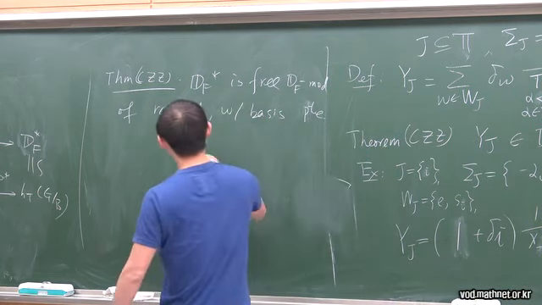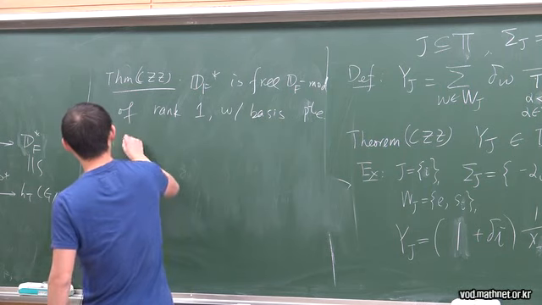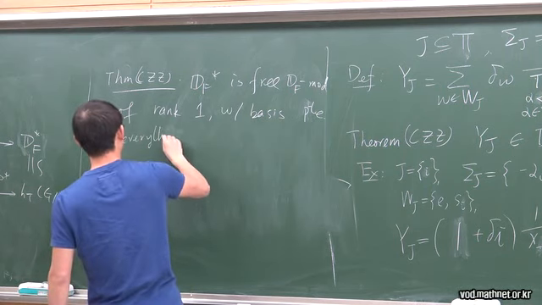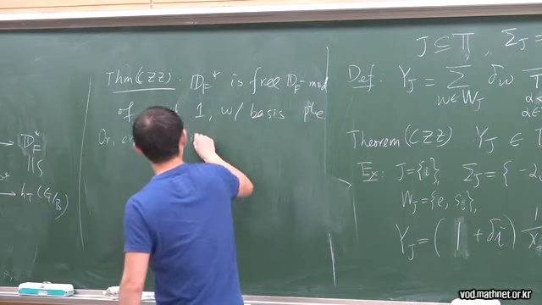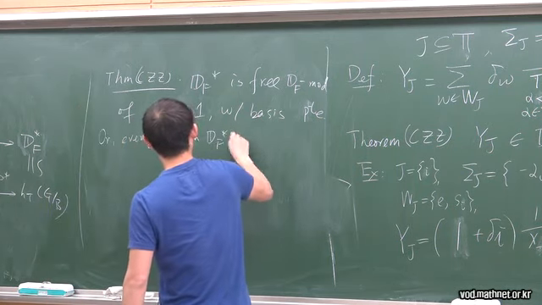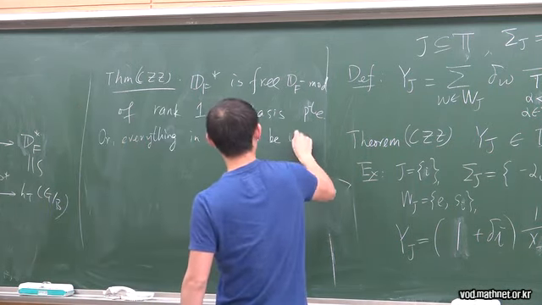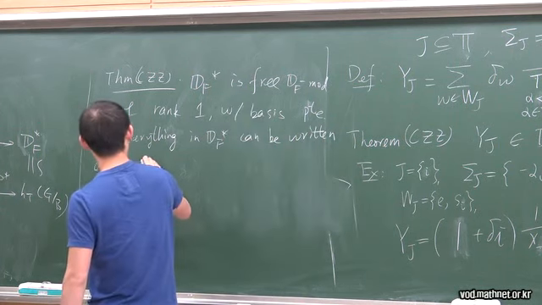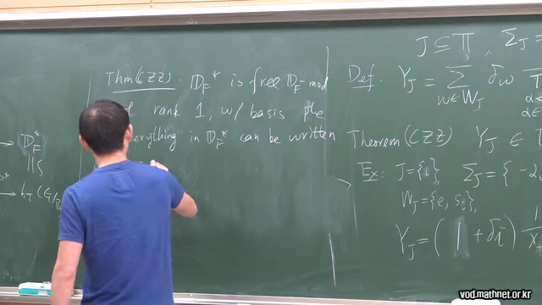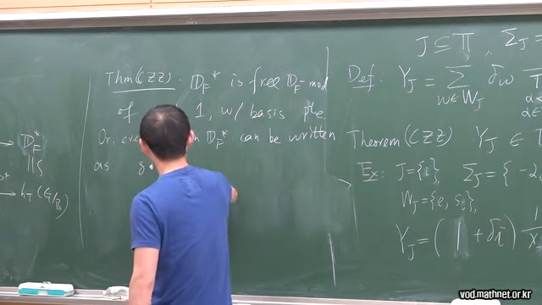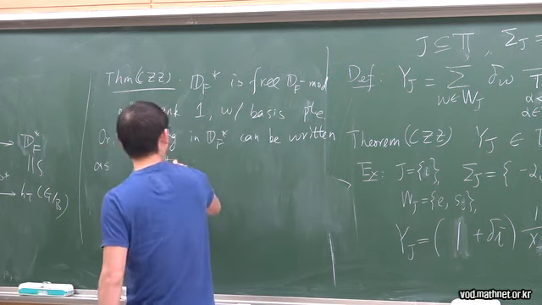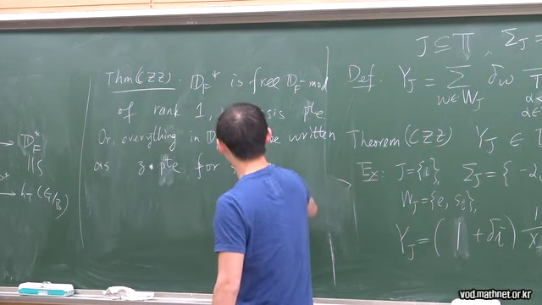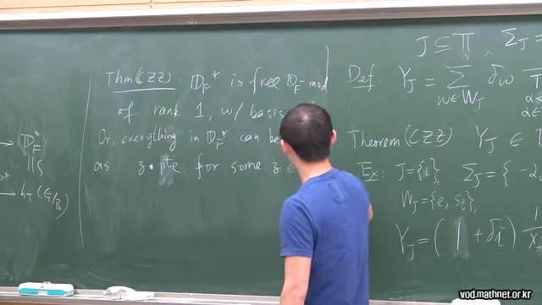What does this mean? It means that everything in D_F star can be written as z bullet F_E point E for z from D_F.